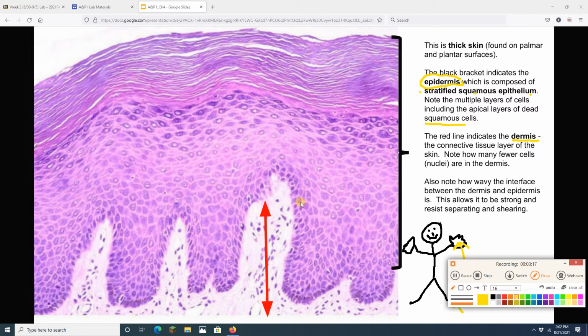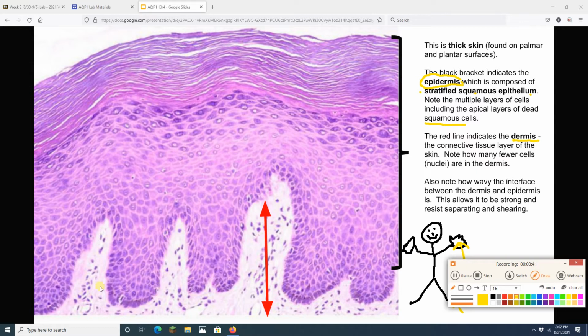Now, deep to the epidermis, down here we have the dermis. The dermis is mostly connective tissue. Look how there's a lot fewer nuclei down here in the dermis. I also want you to notice how there is this waviness at the interface between the dermis and the epidermis.